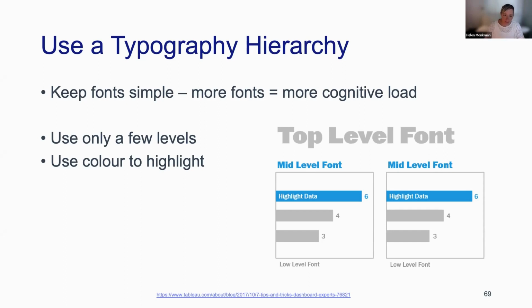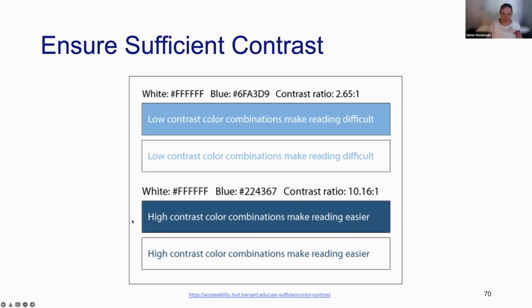So we want to keep our font simple, and we don't want too many fonts, because the more fonts we have, the more it increases our cognitive load, which we want to keep low. So we only want a few levels, and then we can use color to highlight as well. So we have the top level font, the mid-level font, and the data level font is the same as the low level font.